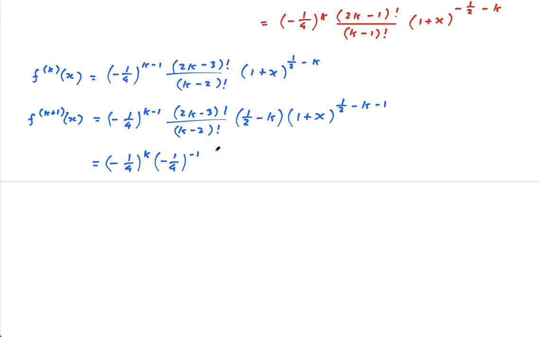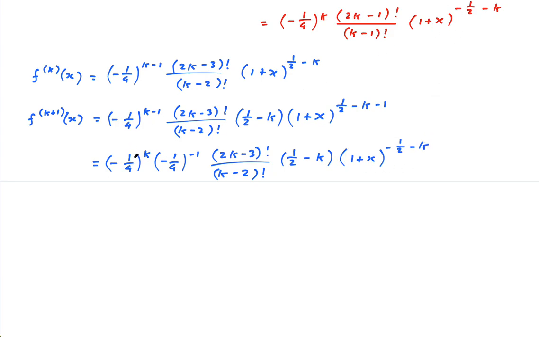And the rest, for now, is going to have to stay the same: 2k minus 3 factorial over k minus 2 factorial times a half minus k times 1 plus x. And now I'll just change this into minus a half minus k. So this is good. I don't need to worry about this anymore, because it's the same.